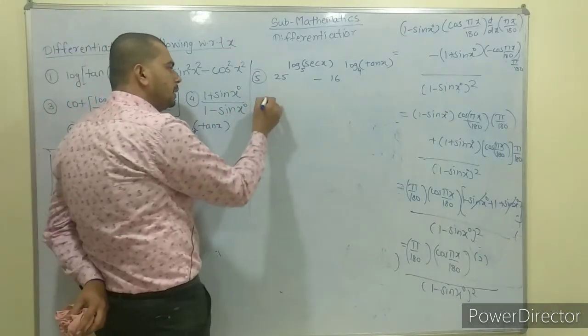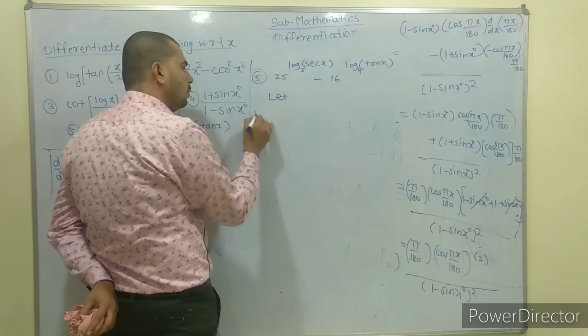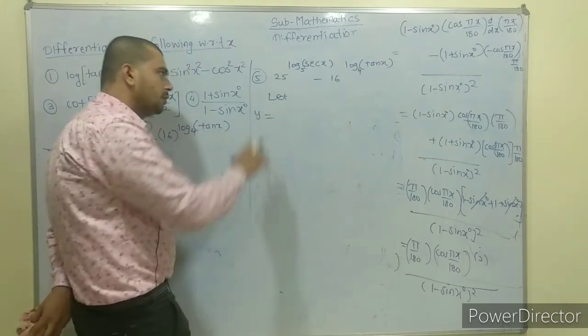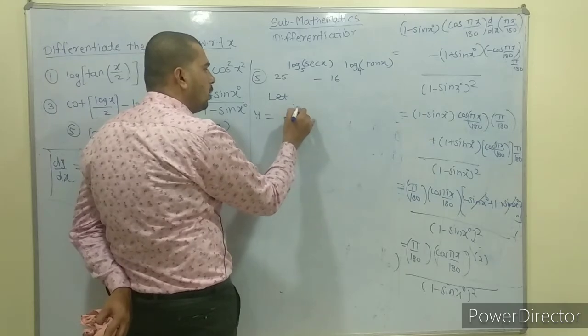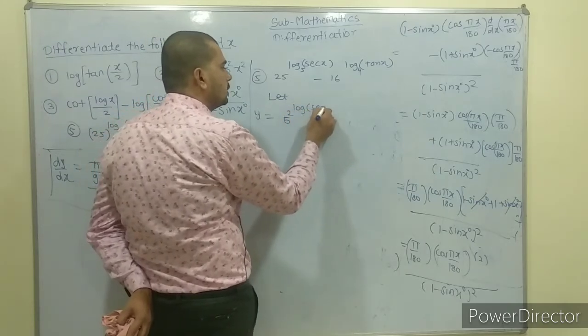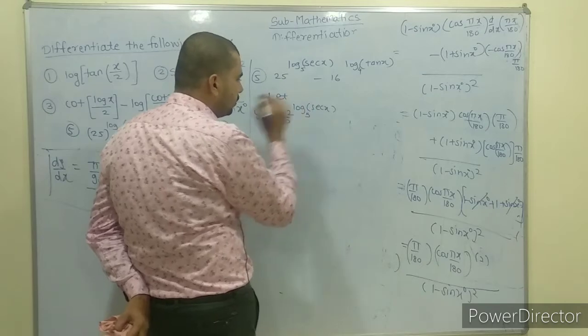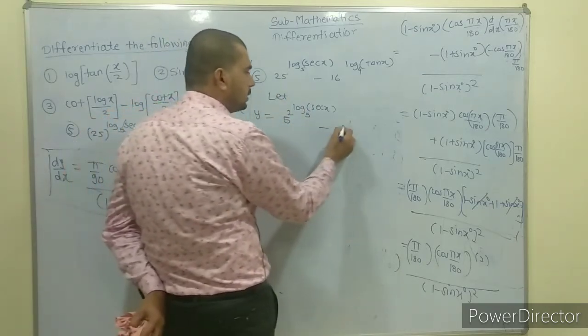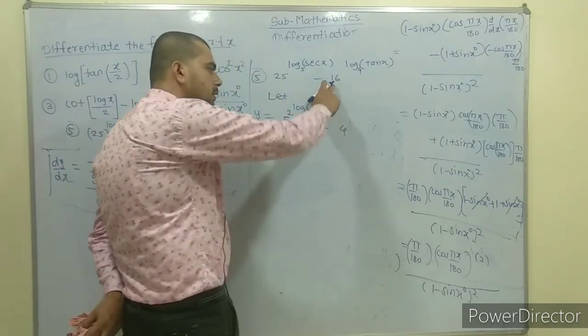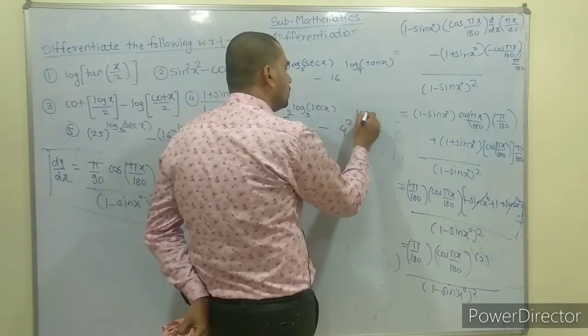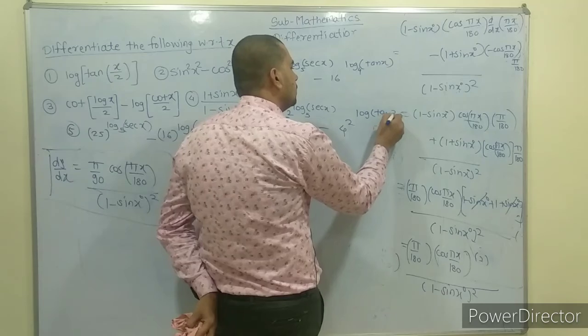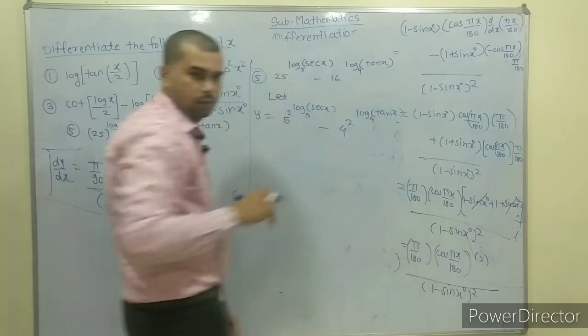Let y equal to this, and also write 25 as 5 square, log sec x to the base 5, minus, and I am also writing 16 as 4 square, log tan x to the base 4.